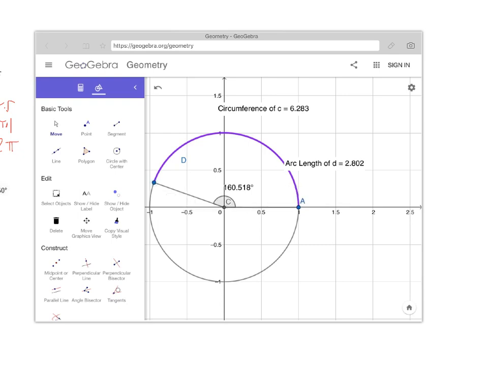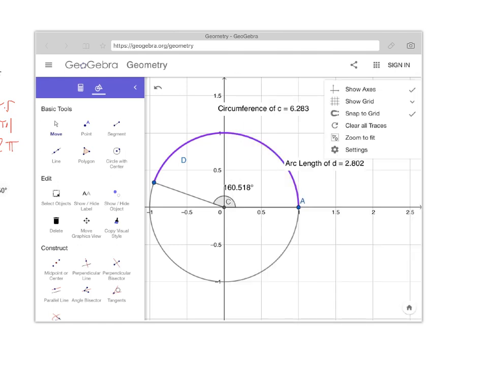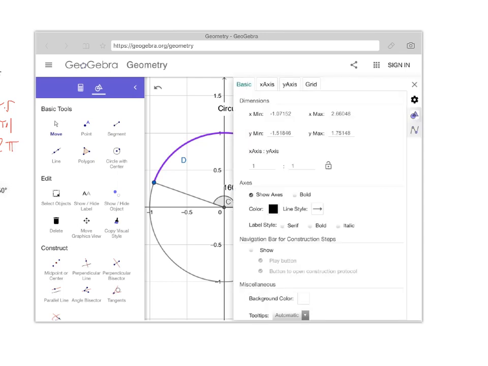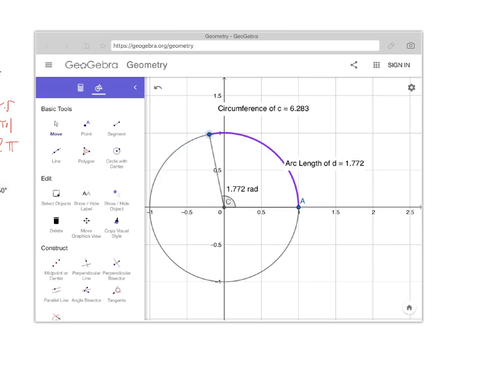Right now this angle is measured in degrees, but if I change the settings and I ask GeoGebra to measure it in radians, now we can see that the angle is being measured in radians.